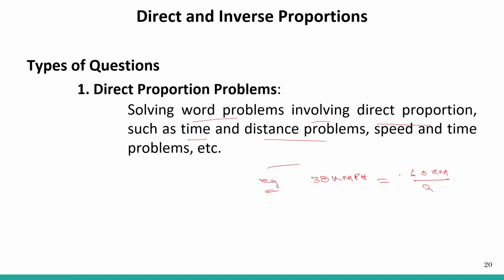It will take 2 hours, right? So if 30 km becomes 15 km, how is speed related to distance? Speed is directly proportional to distance with a proportionality constant of 1 by 2 here. Speed is directly proportional to distance, and speed is inversely proportional to time.